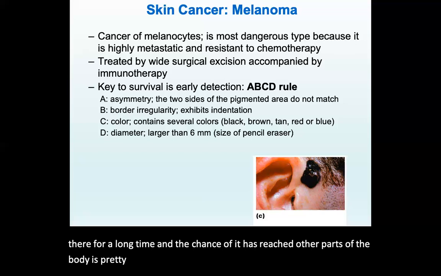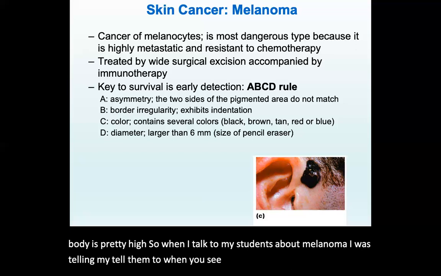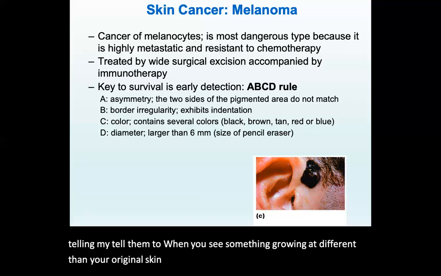So when I talk to my students about melanoma, I always tell them that when you see something growing different than your original skin tone, and it matches this characteristic of A, B, C, D, go have the doctor take a look at it.